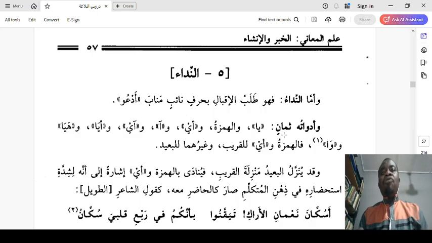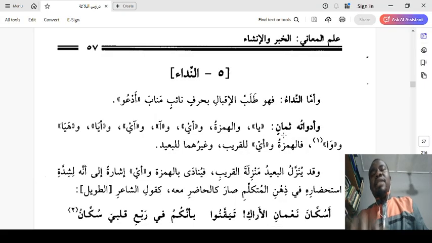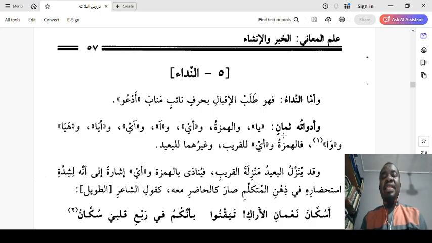Jamil. Wa adawatuhu thamanin. The adawat, the articles that are used for constructing this nida, they are 8. You have the ya, and then hamza, and then you have ay, and then you have aa with a mud of the alif, and then you have aya.